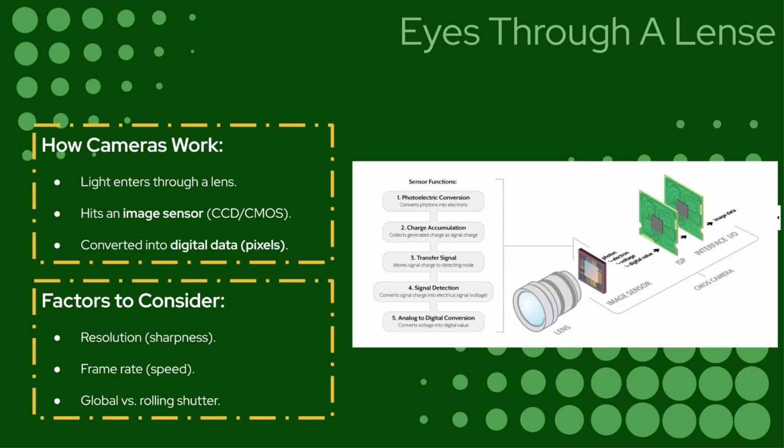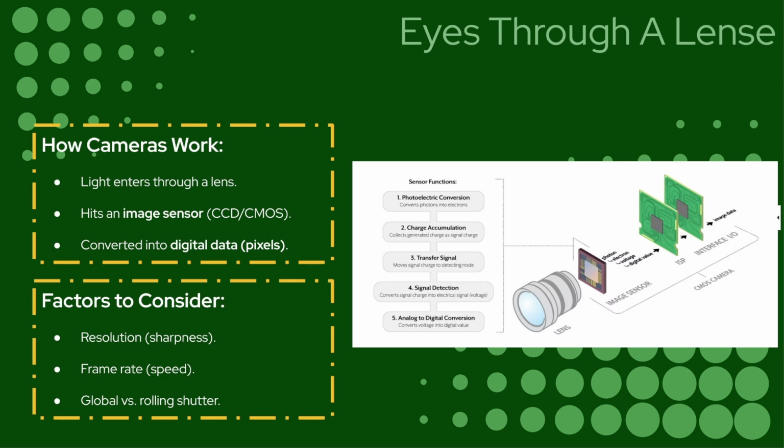So each pixel corresponds to the brightness and color of a tiny point in that image. There are a lot of key characteristics when we're looking at a camera. There's resolution, which determines how sharp or detailed an image is, and it's measured in pixels. So the more pixels, the more detail there is in that image. Frame rate determines how many images per second the camera is capturing. So this is really important for moving parts. And then we have global versus rolling shutter.